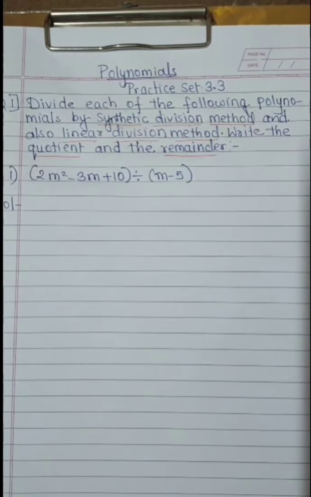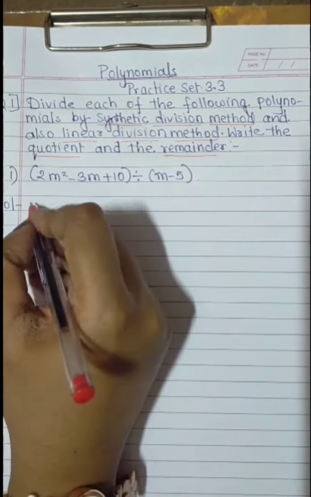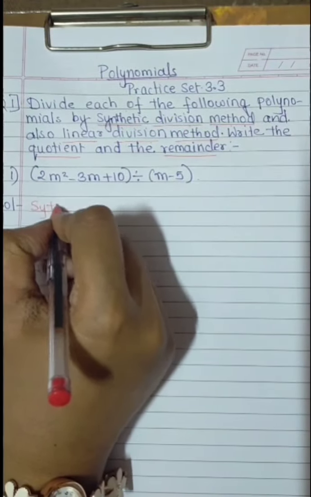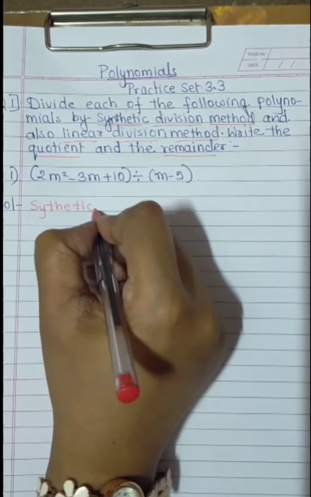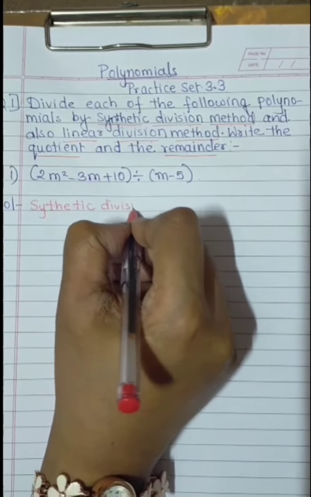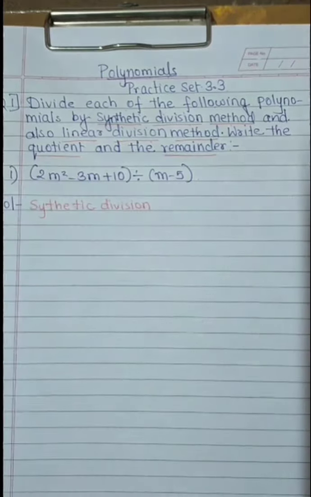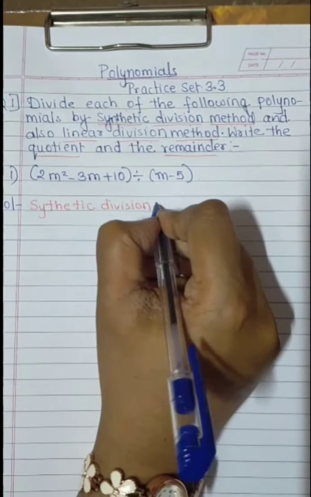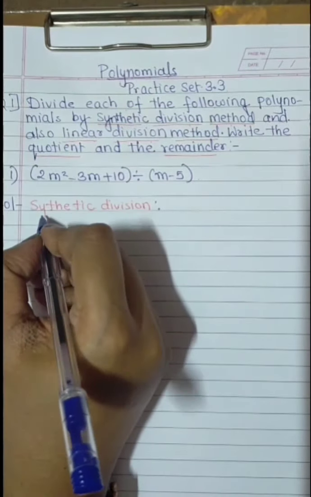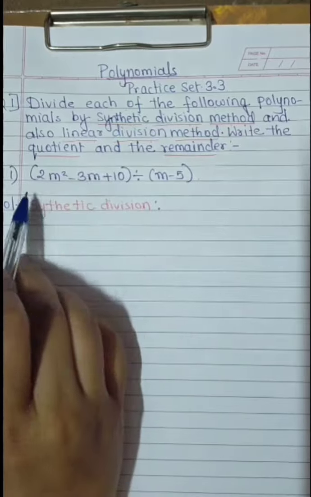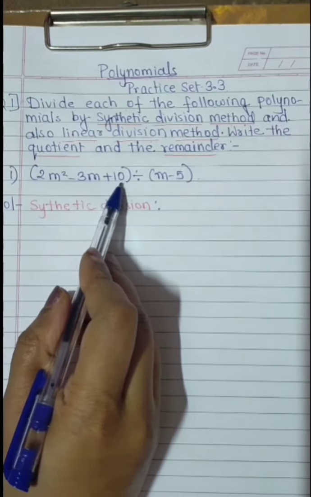Now we are going to solve this sum with the help of synthetic division. So I am writing here, as you can see, what is given? 2m square minus 3m plus 10 is given.